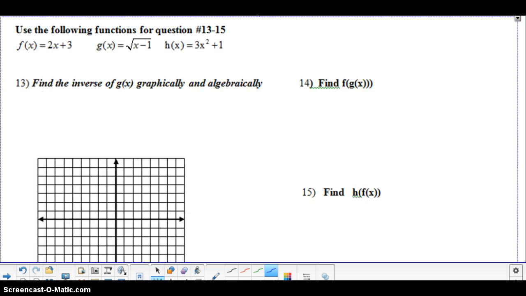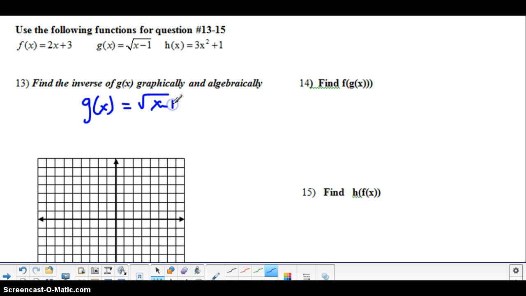All right, for questions 13 through 15, they want us to use these functions. So our first question is asking us to find the inverse of g of x graphically and algebraically. So our g of x function is the square root of x minus 1. And we can use transformations or a calculator to graph this.